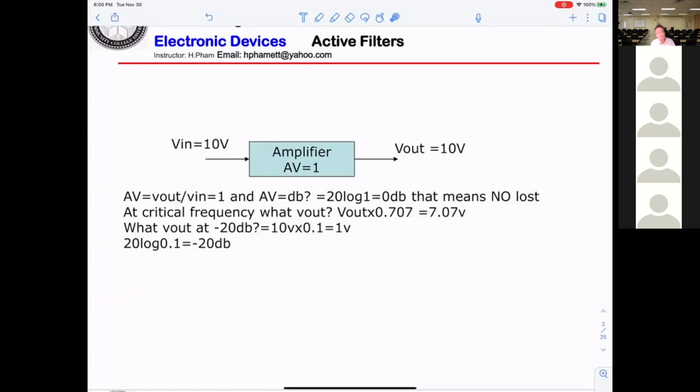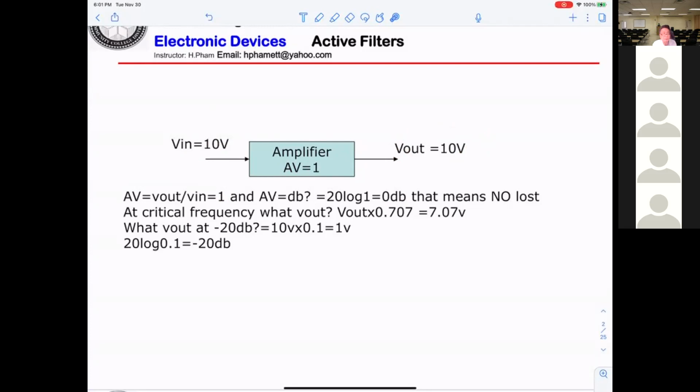That's only telling you one thing. When you get 0 dB, that means you get no loss. Input and output will be the same. So if you calculate numerically, you get AV equal 1, V out equal V in.